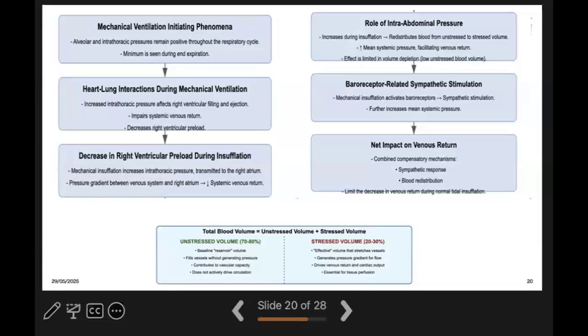You should just know, whenever you're giving positive pressure ventilation, the intrathoracic pressure becomes positive and the venous return decreases. But in normal patients, this venous return reduction is counteracted by some of the forces and the baroreceptor mechanism, so that no major gross changes happen in most patients.